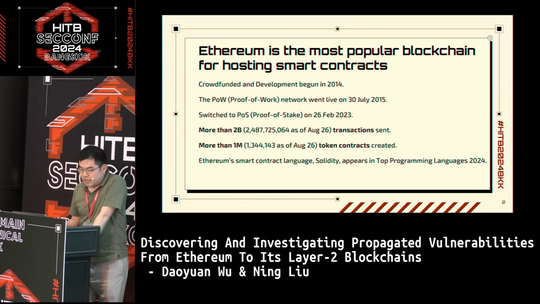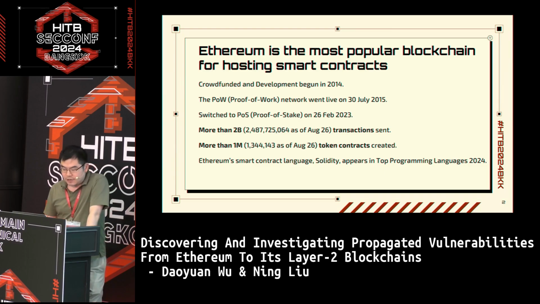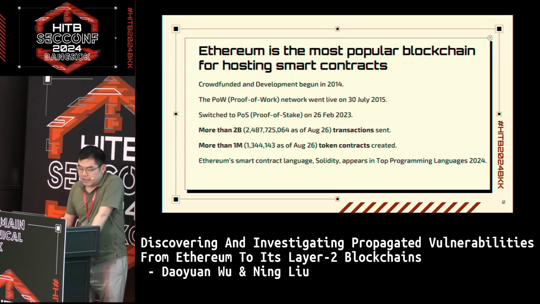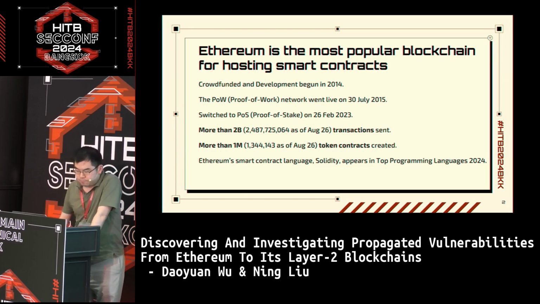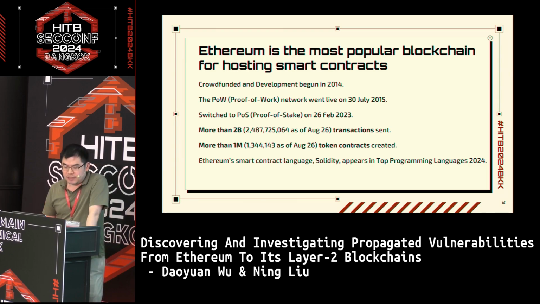When Ethereum went online, it was still a POW network. However, as you know from the newspaper, such POW is not environment friendly. So later on, last year, the Ethereum Foundation changed the network from POW to POS, the so-called proof of stake.